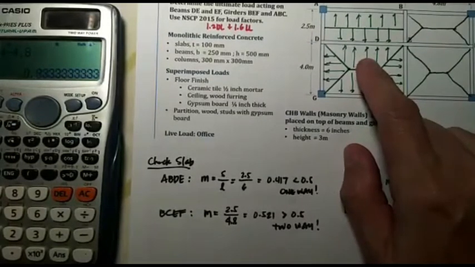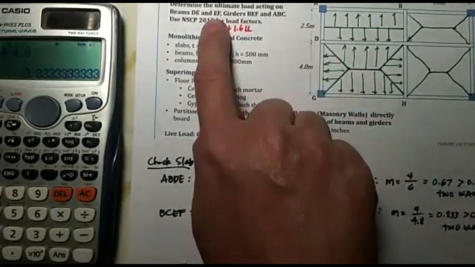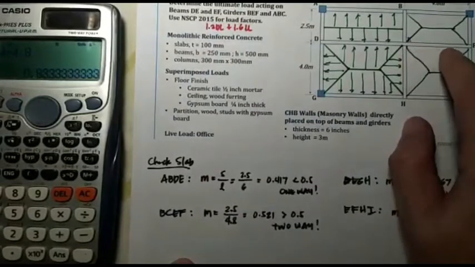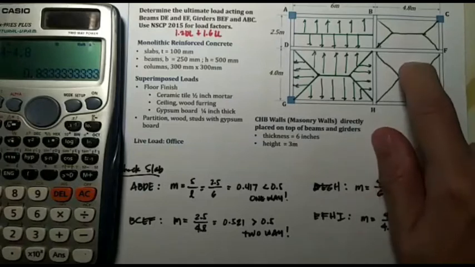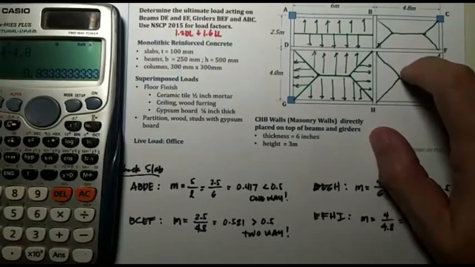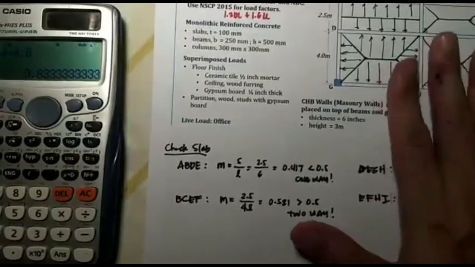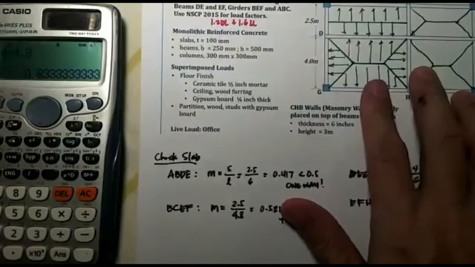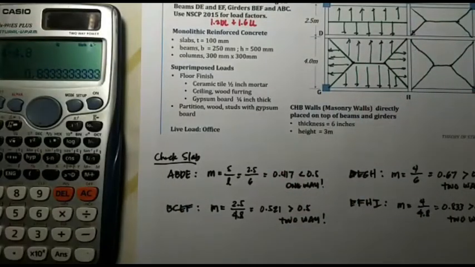For EF naman, ang load dun sa EF naman would be trapezoidal galing doon, tsaka trapezoidal din galing doon. I-add mo lang silang dalawa. Okay? So, before we do that, we have to solve first for the floor area. Okay, so let us solve first for the floor area.